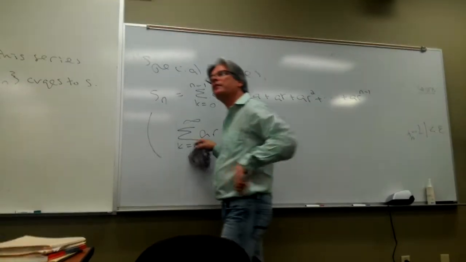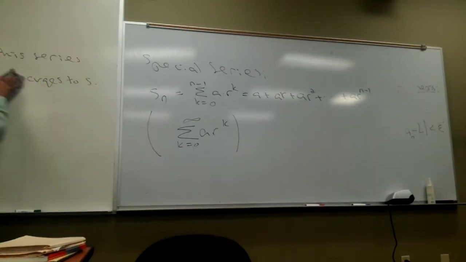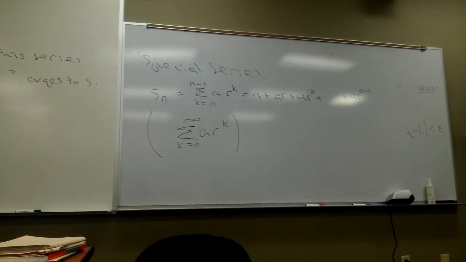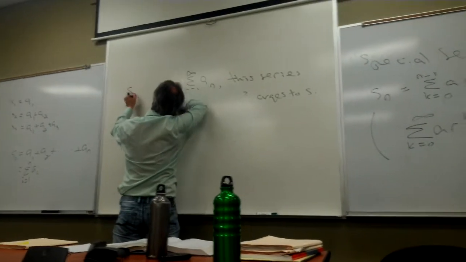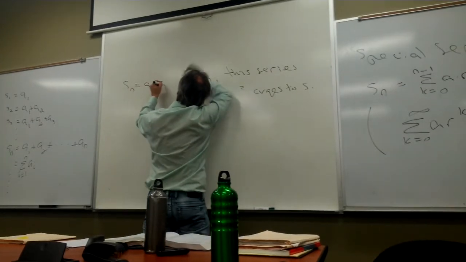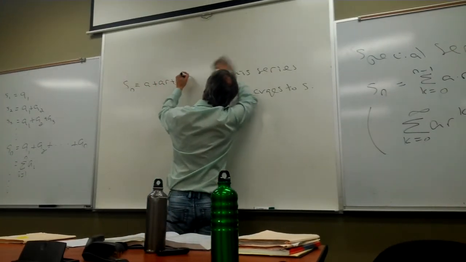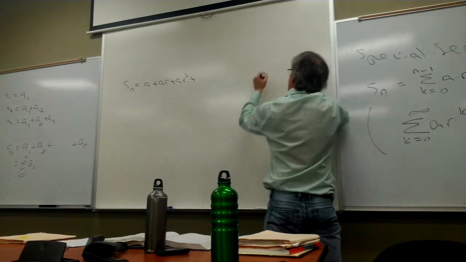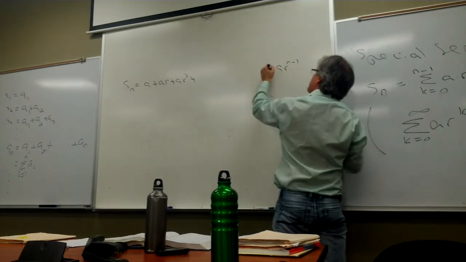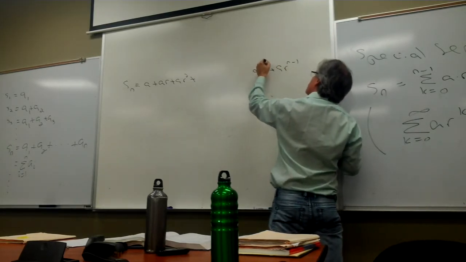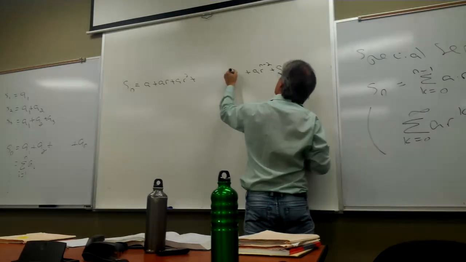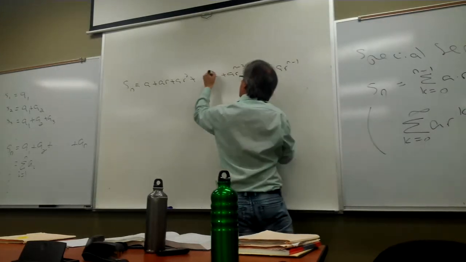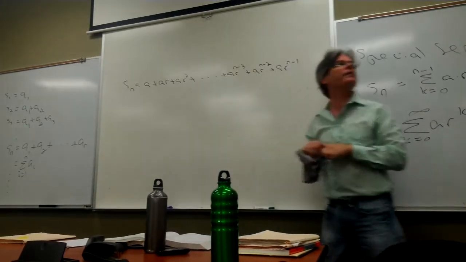Given this infinite series, this geometric one, let's talk about S of n. I maintain my S of n looks like this: A plus AR plus AR squared plus all the way down to the last term, which is AR to the n minus 1. Here's its predecessor. There's the nth term of my sequence of partial sums.